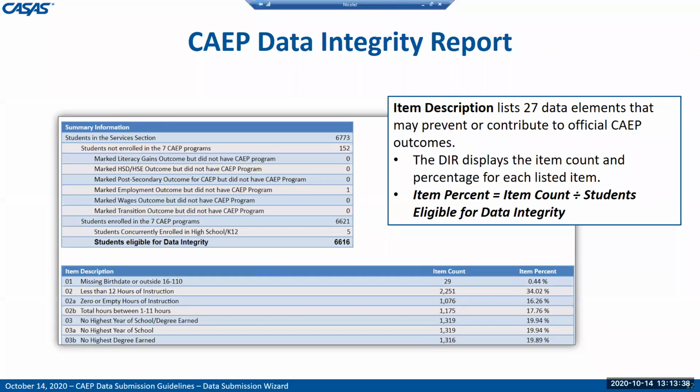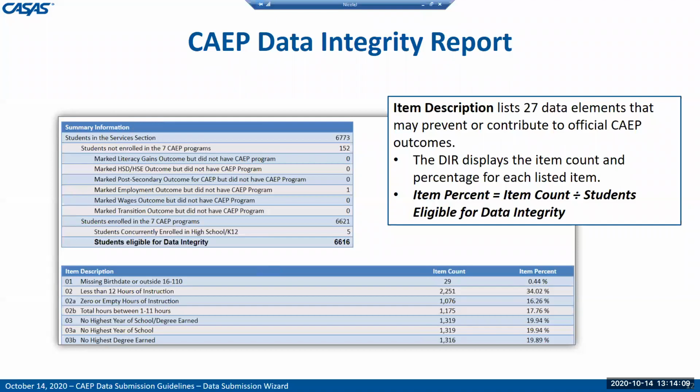Okay, now we'll talk about the item descriptions. We have about 27 plus because we have an A part and a B part, and each item will have a description of what that item is and then their item count. Now to get the item percentage, you'll take the item count and divide that by the students eligible for the data integrity report, and that'll equal the item percentage.